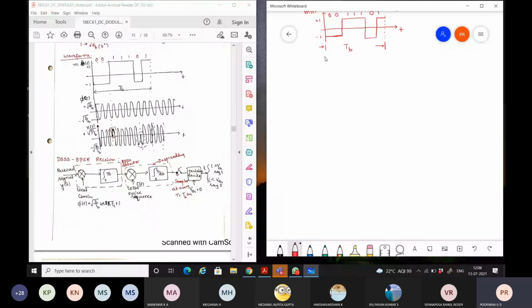So phi of t. This phi of t is a carrier and this is a cos function. So therefore 90 degrees.